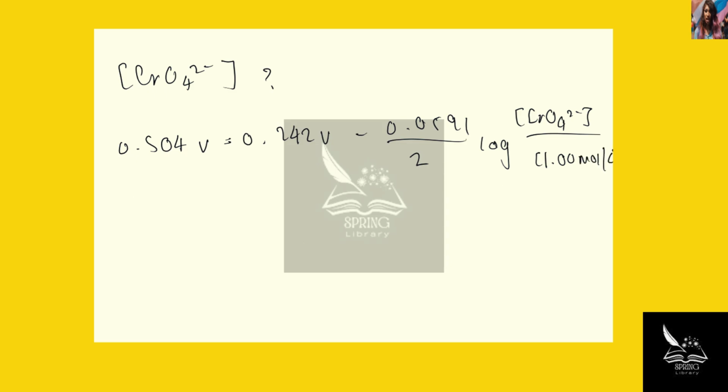We then solve this concentration that's missing, and that is equal to 1.36 times 10 to the minus 9 moles per litre.